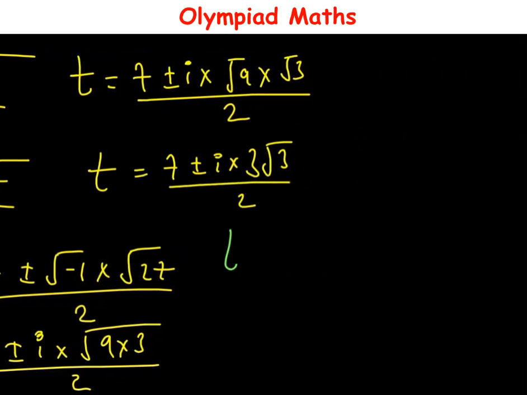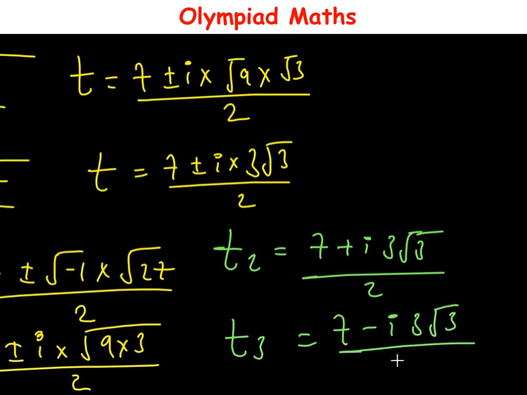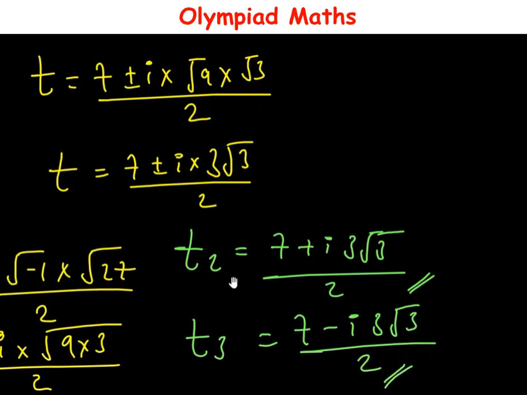So with this, t2 is equal to 7 plus i times 3 root 3 all over 2, while t3 is equal to 7 minus i times 3 root 3 all over 2. Now we have gotten the value of t2 and also the value of t3. So with this, we have gotten the value of t1, t2, and t3. Let us then get the other values of t.